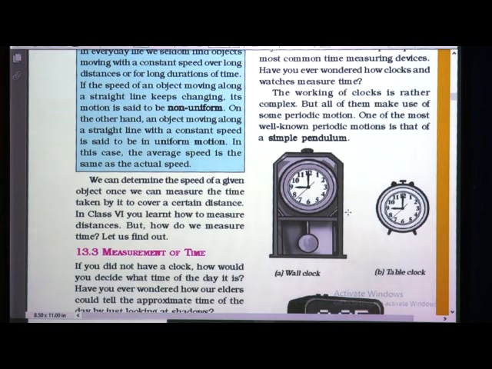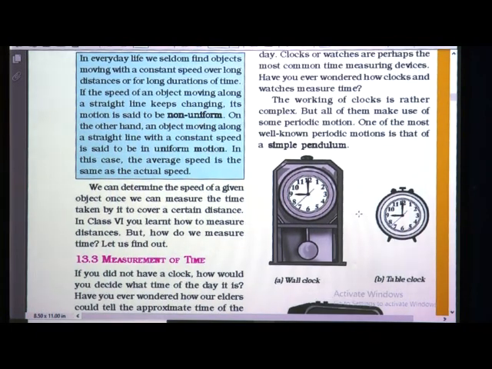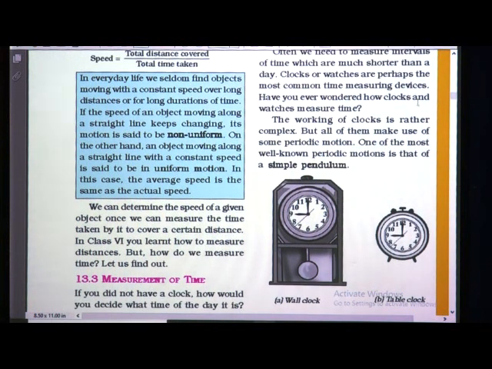After many years, scientists discovered this unit and this device, which is a clock. So you may also wonder how a clock works to tell time. The working of clocks is rather complex, but all of them make use of some periodic motion.